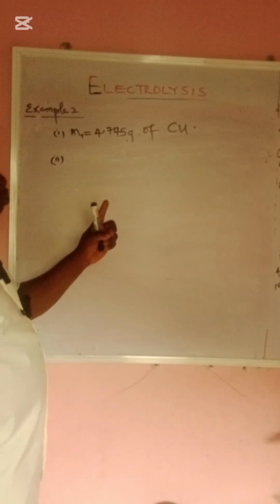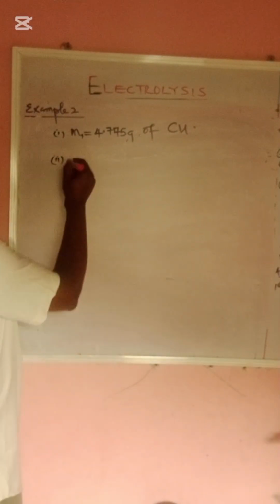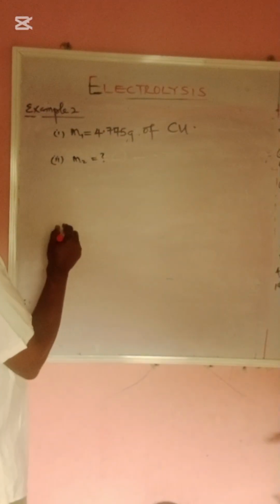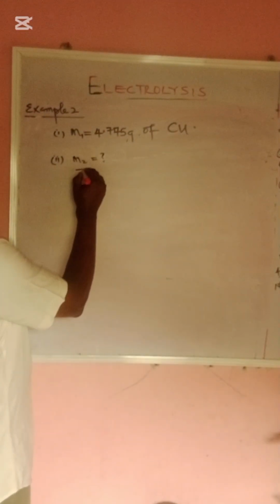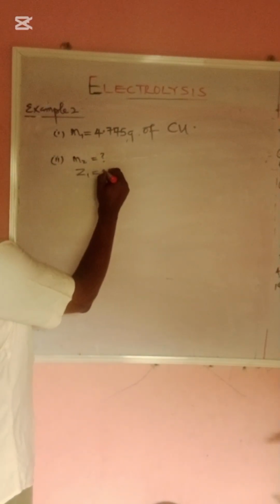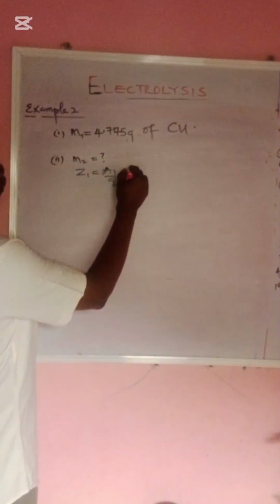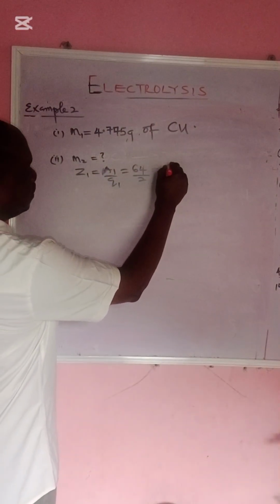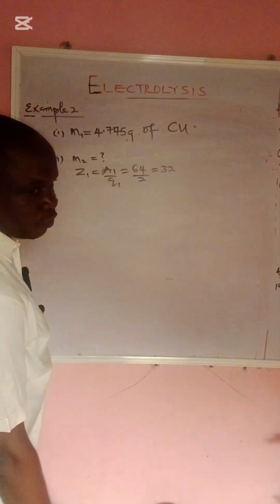We want to calculate the mass of lead. So we call it M2. That of lead is unknown. Then you look for Z1 of copper. Z1 of copper will be, remember, A1 all over Q1. Copper is given to be 64 all over 2. That is 32, the chemical equivalent.